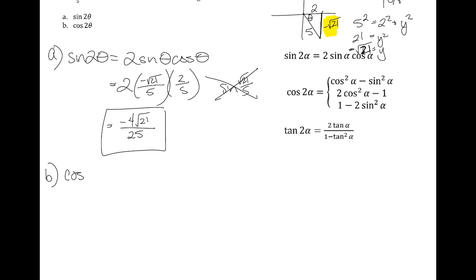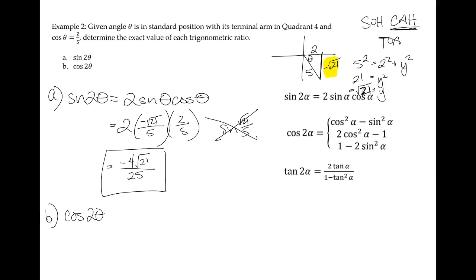Cos of 2 theta, you have a ton of options here. I personally always default to an option that lets me work with the most values that were given in my question originally. So when I look, I've got 3 different identities that I can plug in for cos of 2 alpha, but only one of them only includes cosine, which is actually straight up given to me in the question.